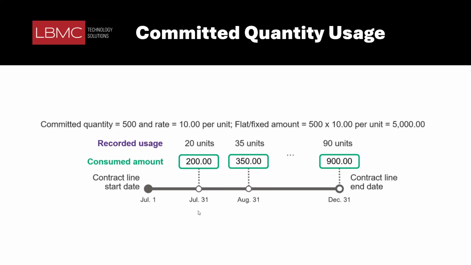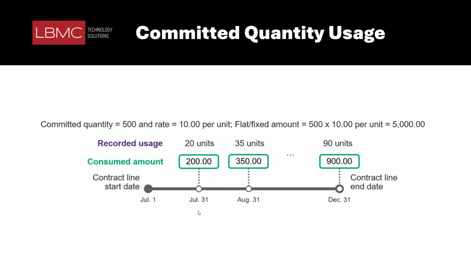But committed quantity is the only usage revenue recognition type where, as you use the usage, that is when you can get the system to recognize the usage. So if I've got my usage record dated for January 31st, my revenue is also going to be associated in January with it.